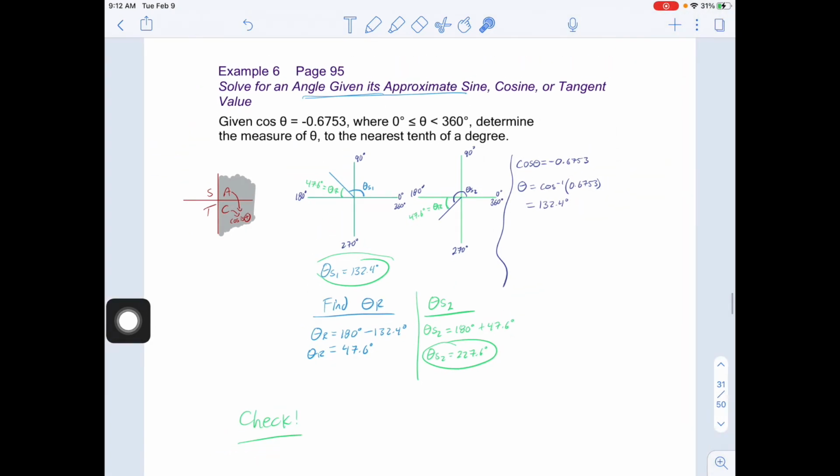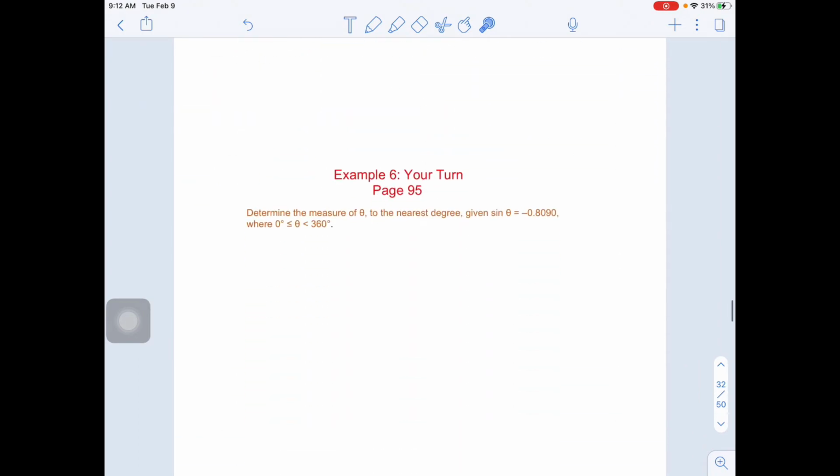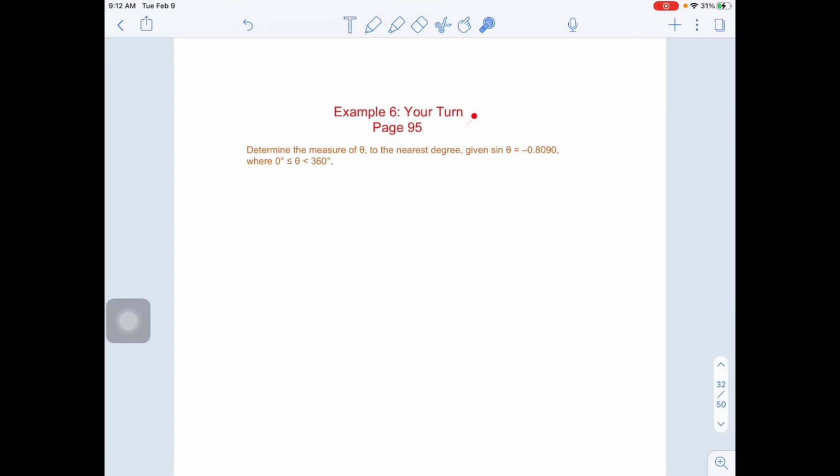I would definitely go back and maybe try this one again without the video, and then reference the video if you need some help. The biggest thing to get out of this is remembering that when you have standard angles that share the same ratio, that's because they share the same reference angle. So you can go on and give this one a shot for your turn.